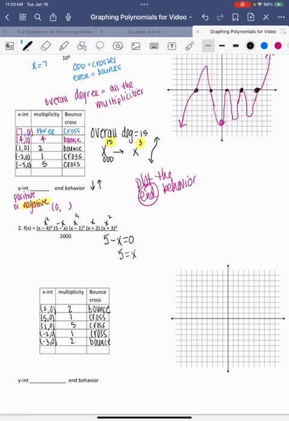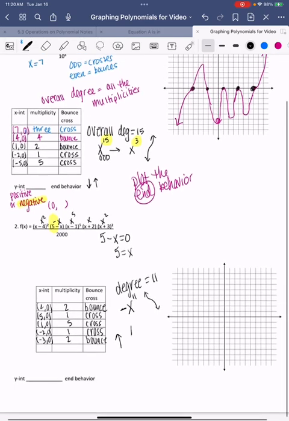The overall degree of this is 11. That's odd. So this is going to mirror x cubed, except that's a negative. So this is going to be negative x to the 11th. So that's going to be, oh, that's a terrible graph, but left side goes up, right side goes down.